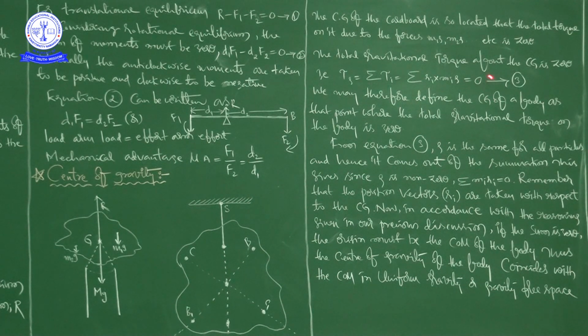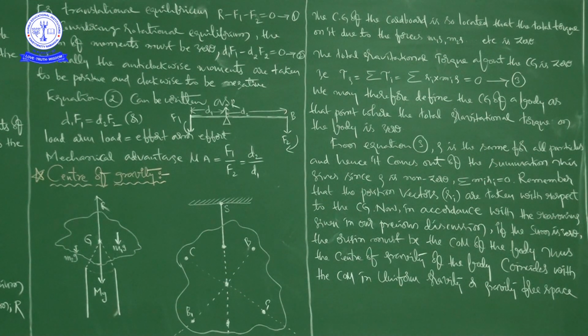You can write this expression: sigma tau i equal to sigma Ri into Mi into g equal to 0. This is the torque due to the gravitational force, called gravitational torque. Here we can define the center of gravity as that point where the total gravitational torque on the body is 0.